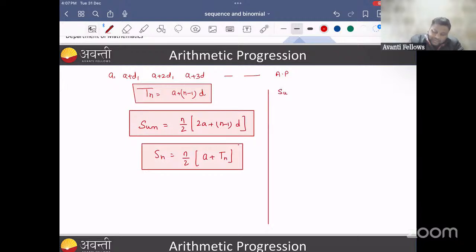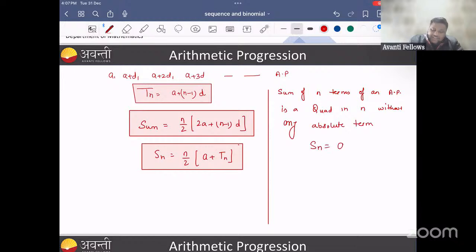The sum of n terms of an AP is a quadratic in n without any absolute term. Means if you find some series given as an square plus bn, and they ask you, is it the sum of n terms of an AP?